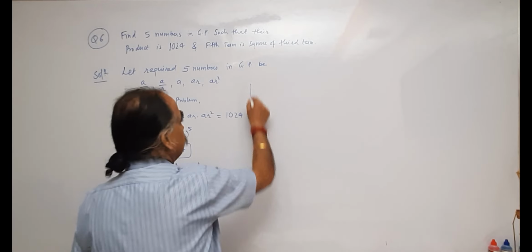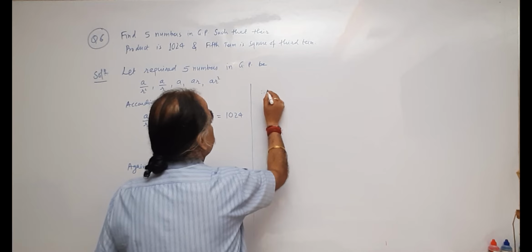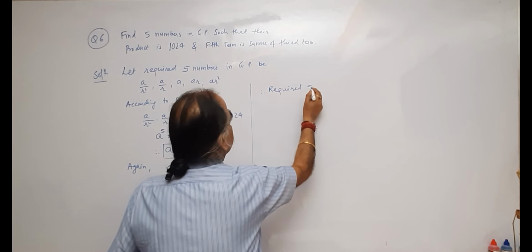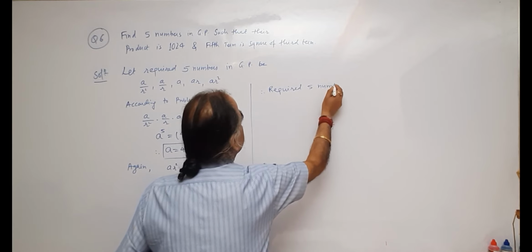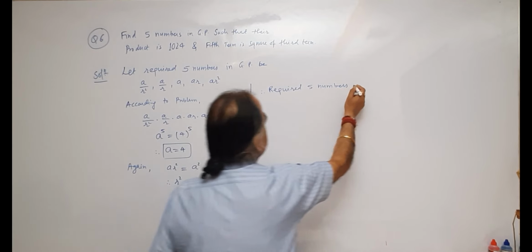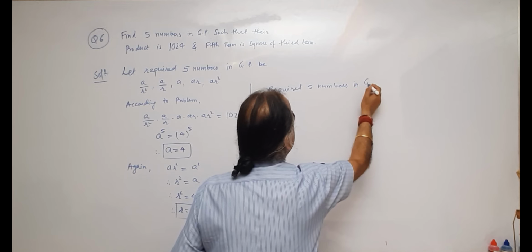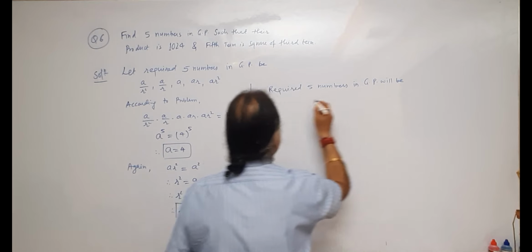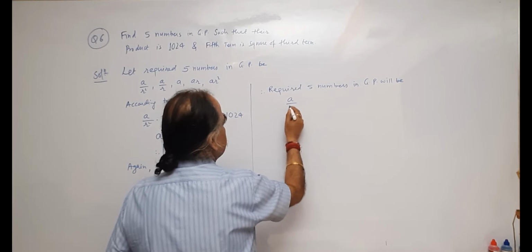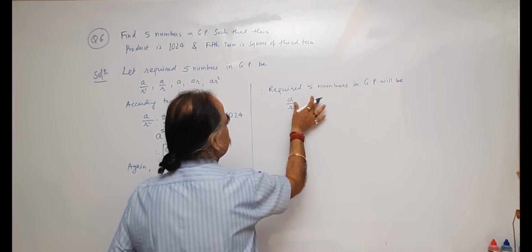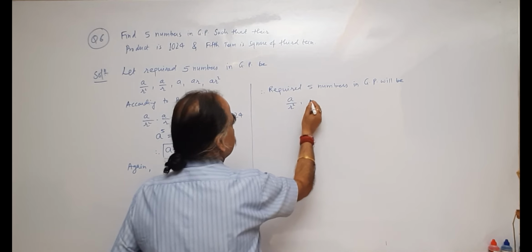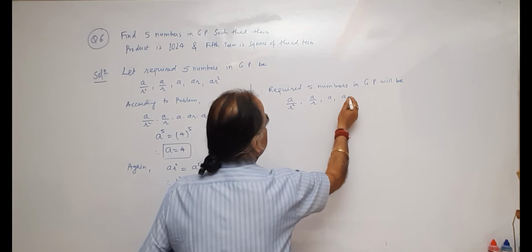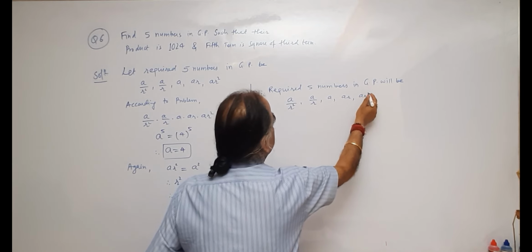Therefore the required 5 numbers in GP will be A upon R square, A upon R, A, AR, AR square.